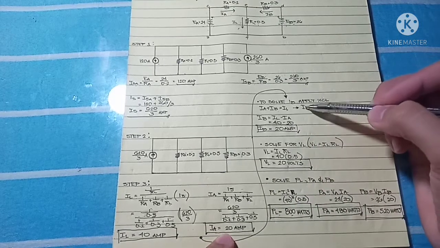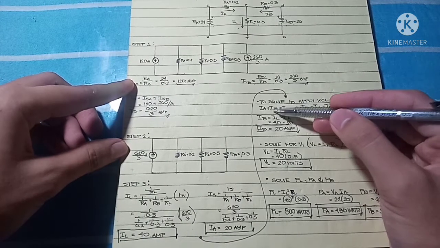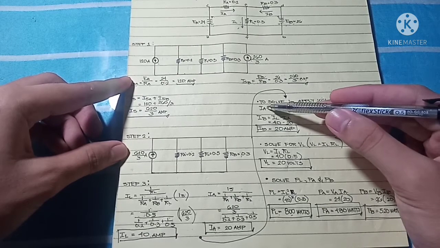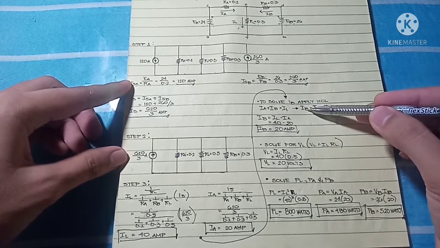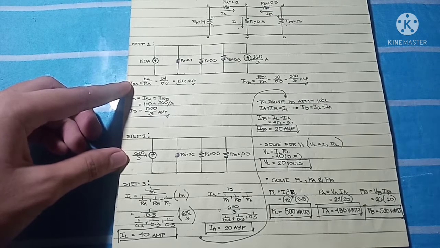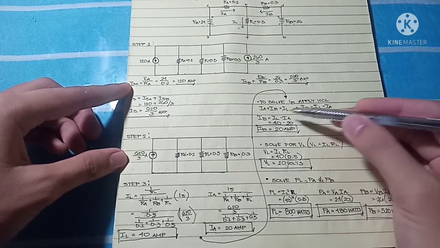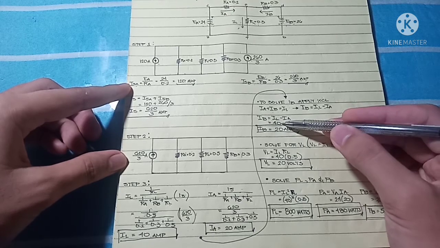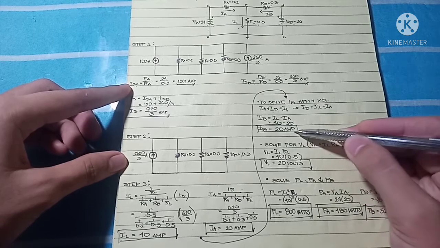Then to solve IB, we can apply KCL. IA plus IB is equal to IL. Then transpose IA to this side, we get IB equal to IL minus IA. Substitute the values, 40 minus 20, so IB is equal to 20 amps.